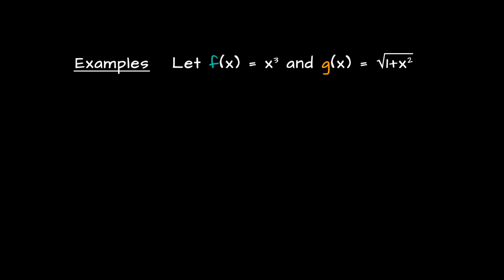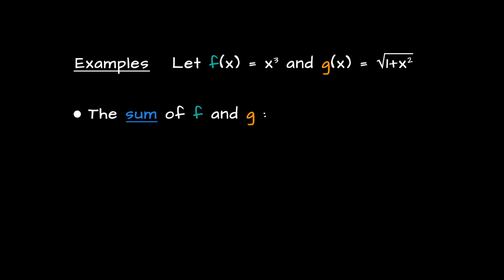Let's finish up by reviewing the operations of functions that we discussed in the context of functions that are given by algebraic formulas. So let's assume that the function f of x is defined by the formula x cubed, and the function g of x is defined by the formula radical of 1 plus x squared.